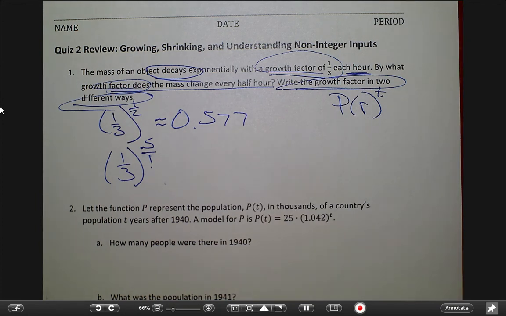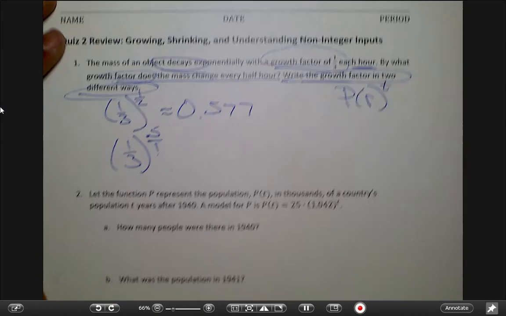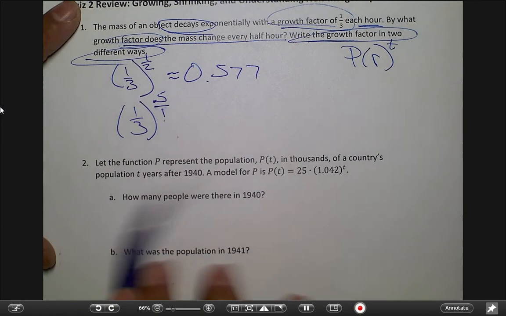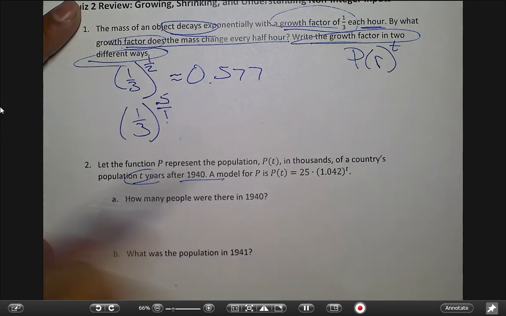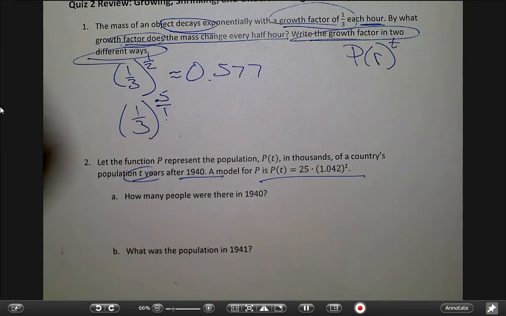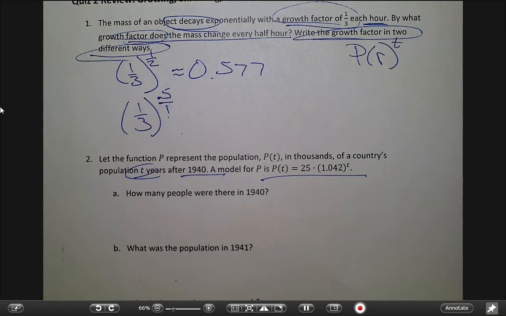All right, this next one says, let P be the representation of the population, P of T in thousands of a country's population, T years after 1940. We have a model. How many people were there in 1940? 25,000.